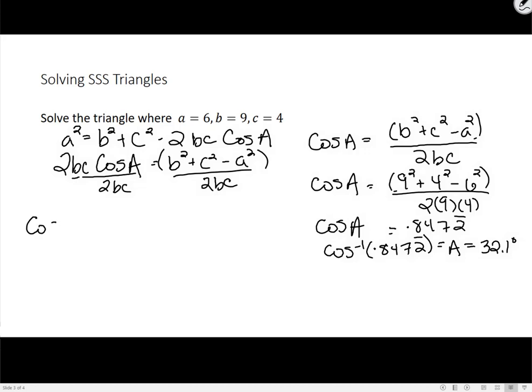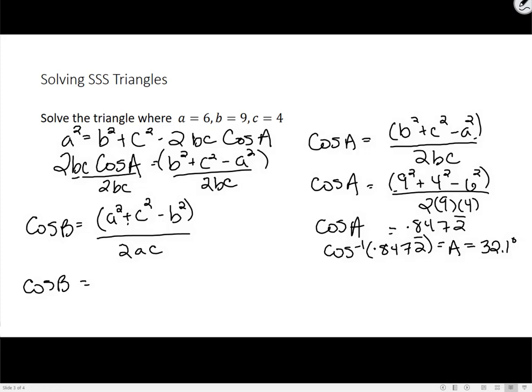So cosine of B is going to be A squared plus C squared minus B squared divided by 2AC. Then for cosine B, I'm just going to fill in all of that information.